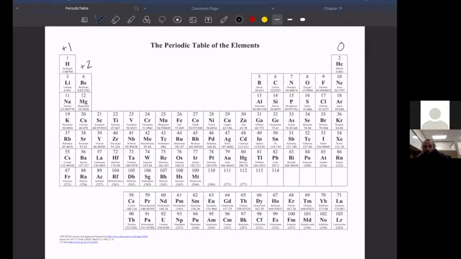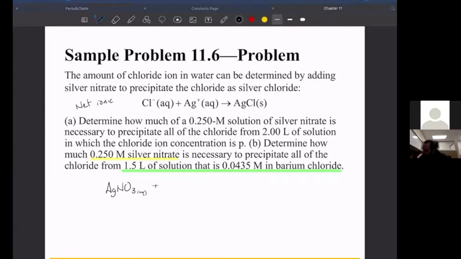The noble gases don't form ions. The halogens are -1, moving over, -2. So now I need to find barium and chlorine. Here's barium and here's chlorine. So the barium ion has a +2 charge and the chloride ions have a -1 charge. All right, so what I mean by they're trying to be tricky is Ba2+ and Cl1-.